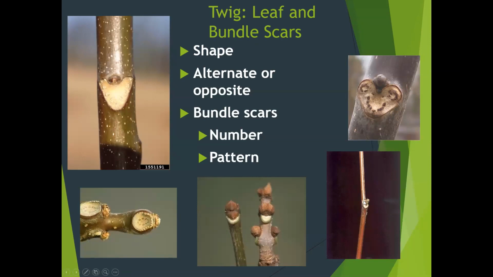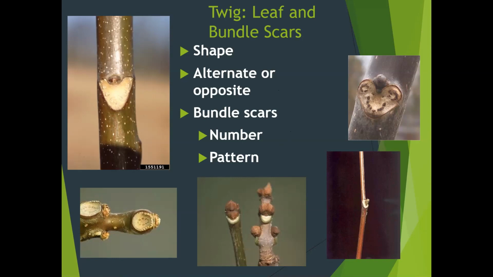And this is a scar that entirely surrounds the bud. So we look at whether they're alternate or opposite, because the buds and leaf scars are going to be in the same position as the leaves, and so that tells you the arrangement. And the bundle scar number and pattern can be used to make a closer identification, to key out the identification.